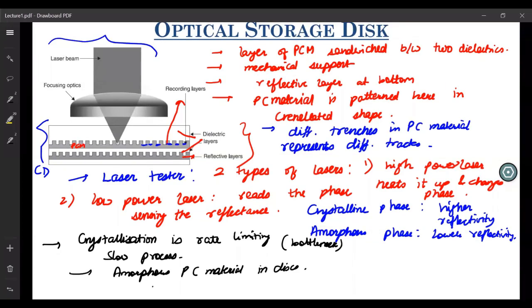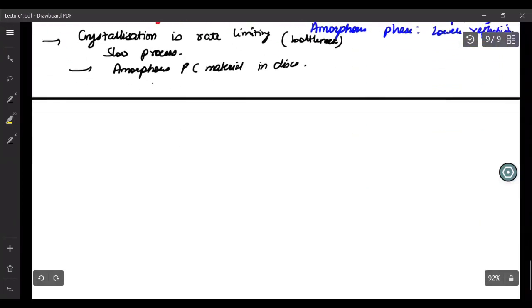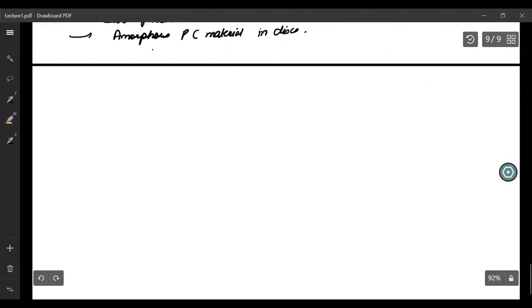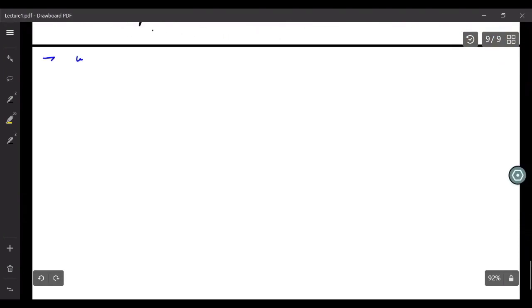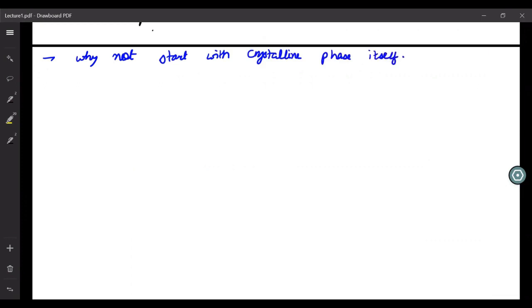To work around that, what engineers proposed is, instead of starting with this amorphous phase change material, why not start with the crystalline phase itself? When you start with a crystalline phase, to write, you have to convert those crystalline phase into amorphous phase.